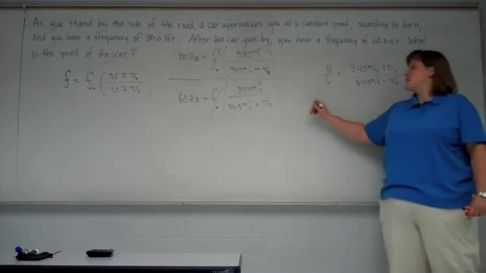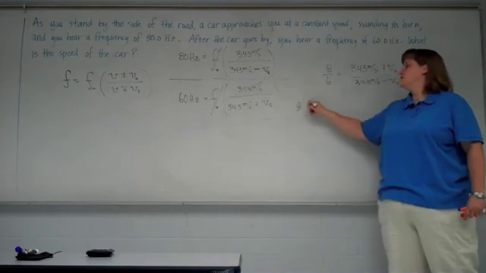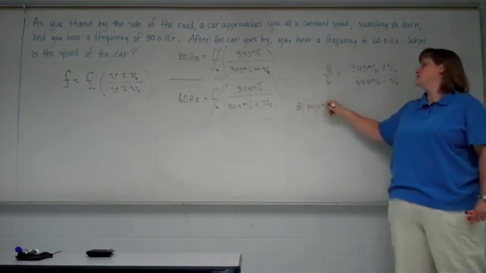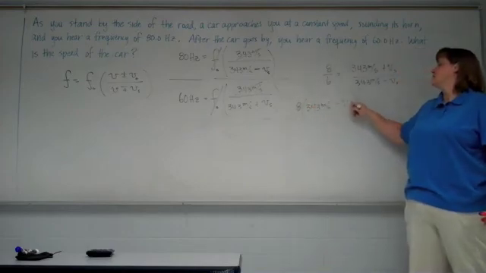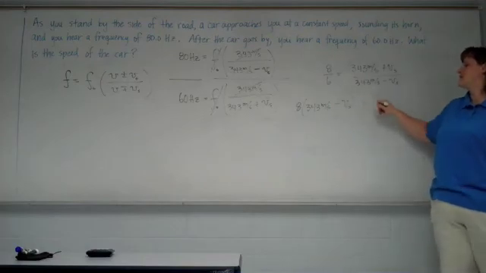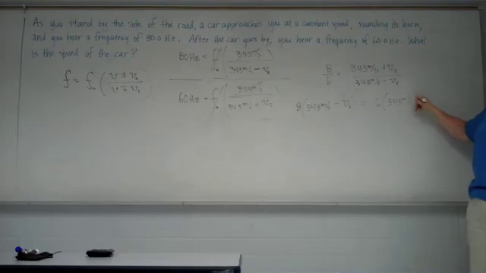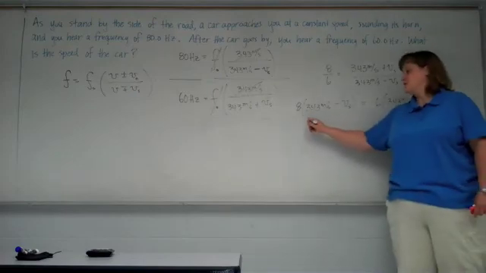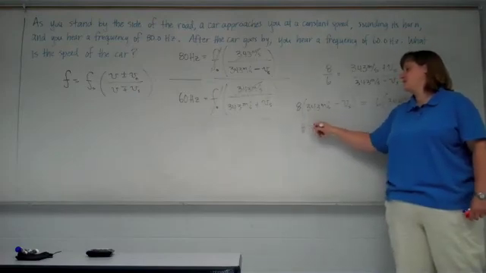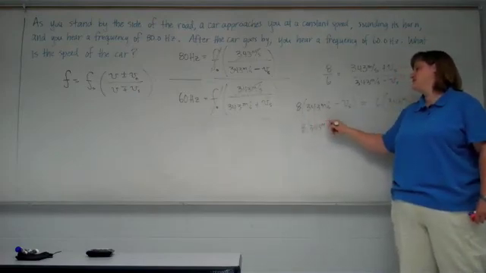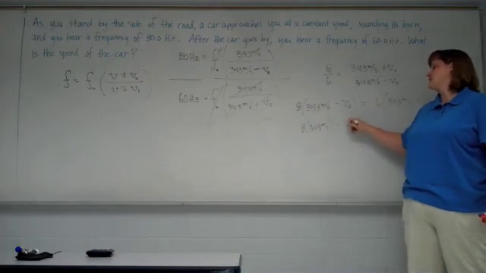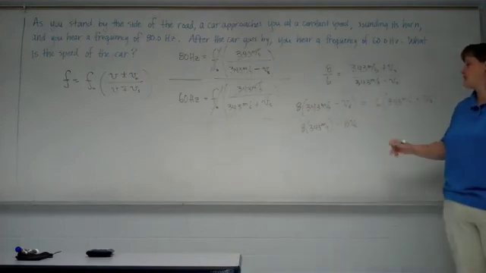Okay. Once we're at this point, we just want to cross multiply. So we don't have anything in the denominator anymore. So we get whatever 8 times 343 is, minus 8 times the speed of the car.